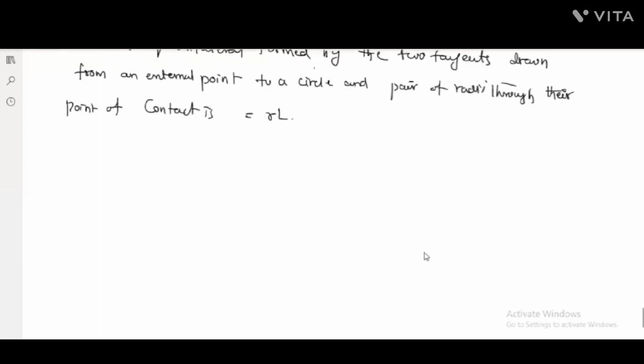Next, how can we find the angle between the pair of tangents?